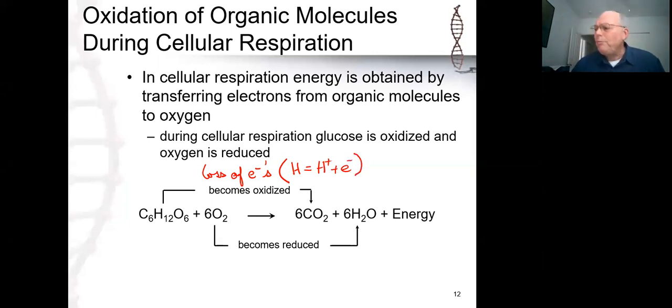So you have the loss of electrons from glucose as represented by the transfer of the hydrogen from glucose to oxygen to form water. What is left behind then is the carbon dioxide. So glucose is oxidized to carbon dioxide.